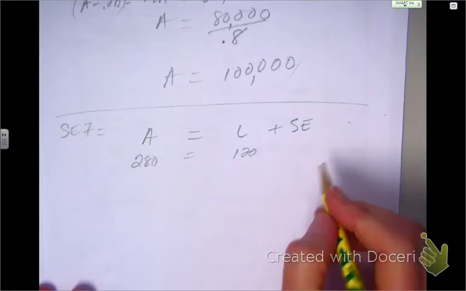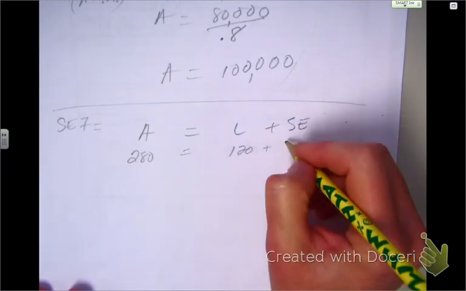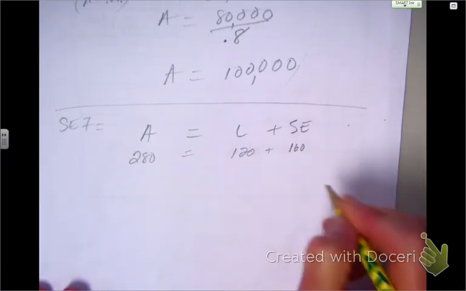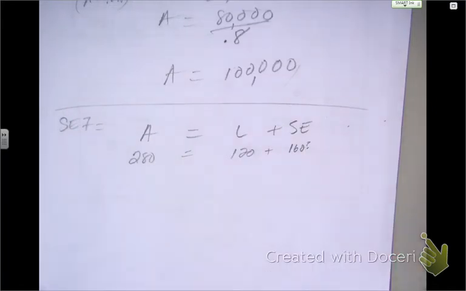And then therefore we can figure out what our stockholders' equity is, which is $160,000. Should we write the final or the initial in these boxes? At the beginning, you're going to start out with assets equals 280,000, liabilities 120, and then you figure out stockholders' equity is 160.